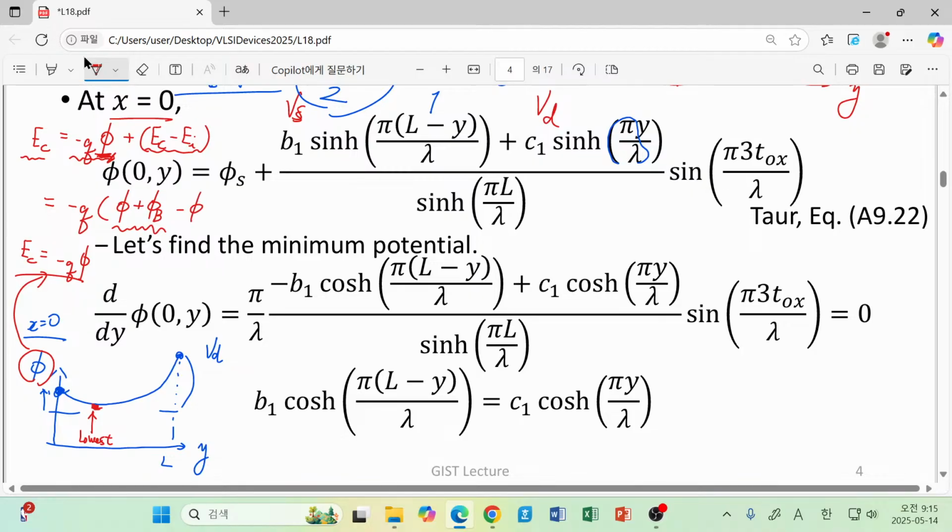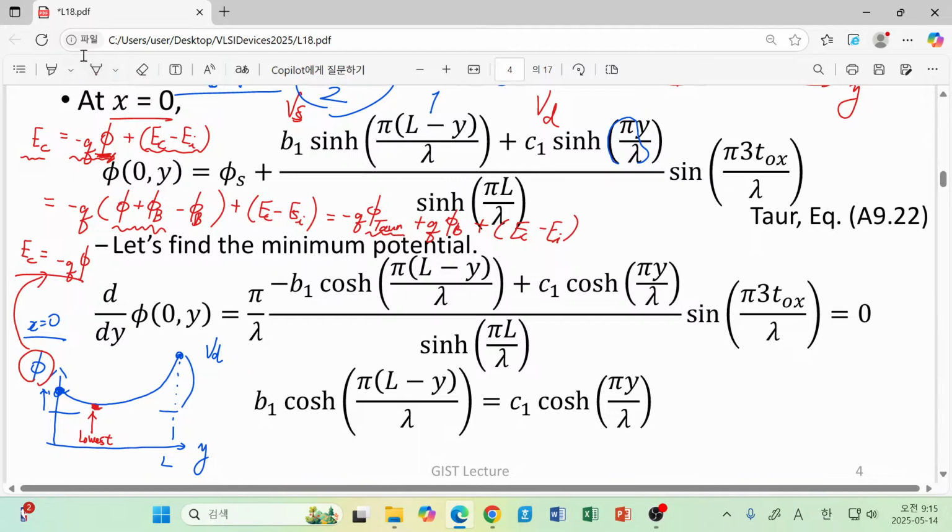So now we have minus phi b to compensate this conversion, and we will get EC minus EI. So simply speaking, if we say this is the potential following our textbook's notation, then we will get a relation like this, EC minus EI.